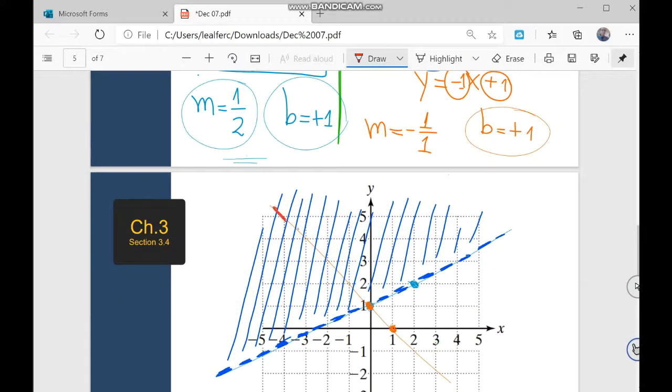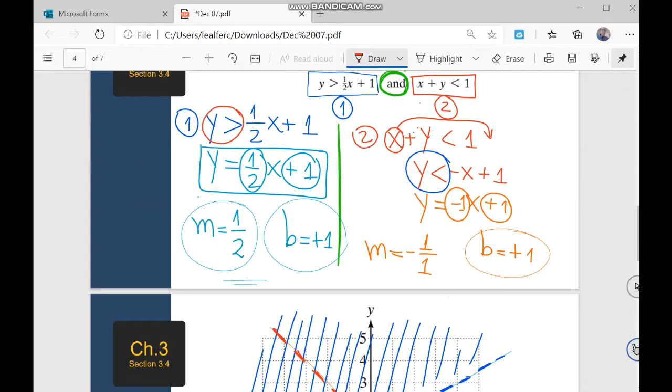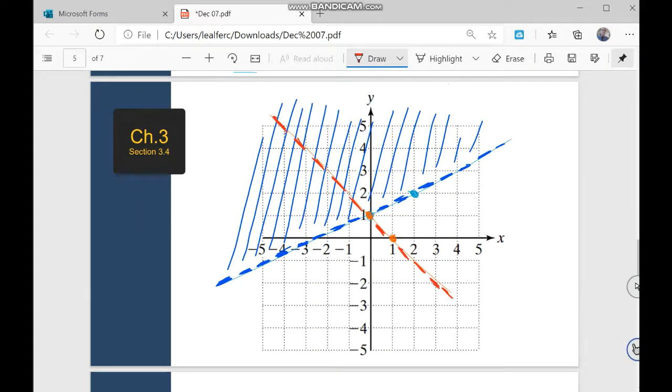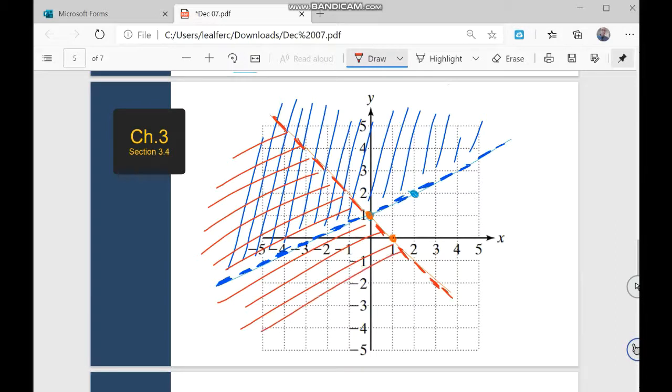The line is going to be dashed because it doesn't have an equal sign. Dashed line. And the shade is going to be, if this is y less than, the shade is below the line. So the shade is here, below the line. See? This is the shade below the line.